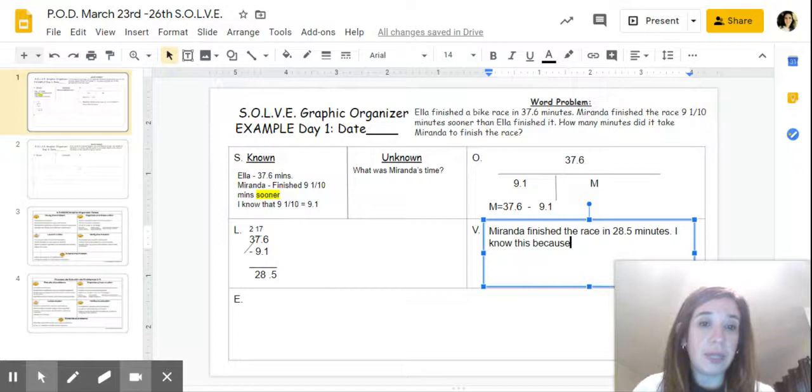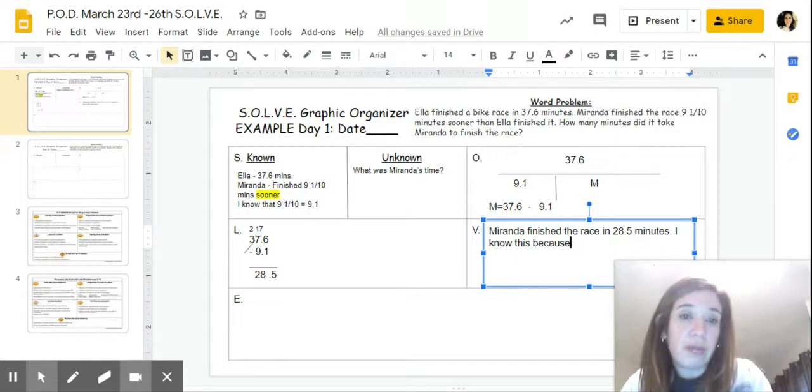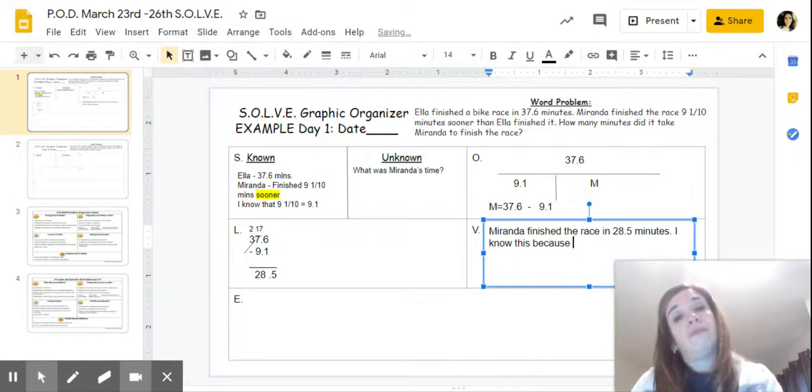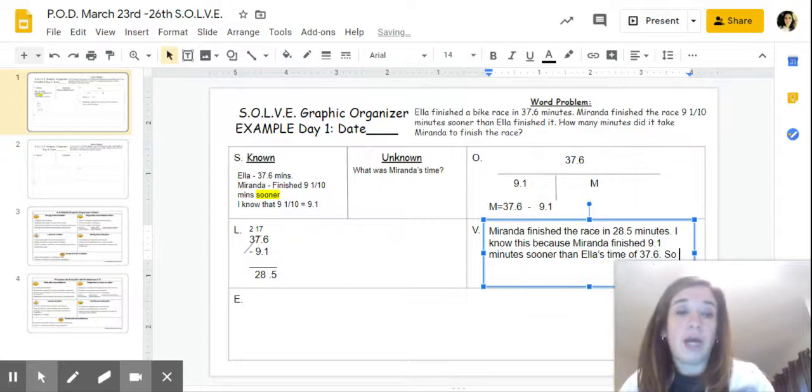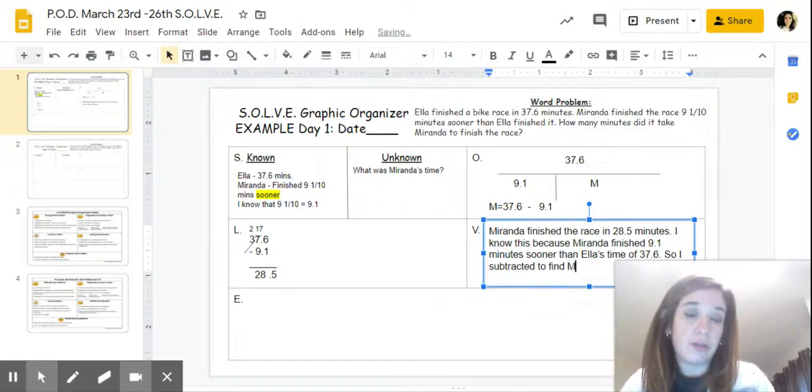I know this because, and now I would finish writing it out, Miranda finished 9 and 1/10 minutes sooner than Ella's time of 37 and 6. So I subtracted to find Miranda's time.